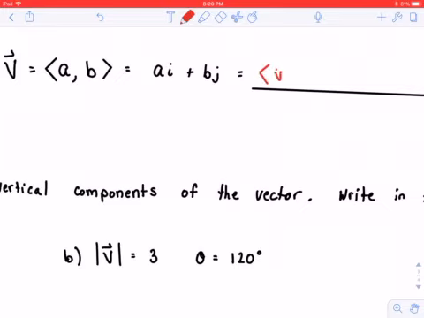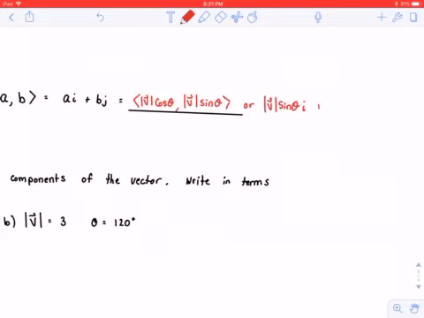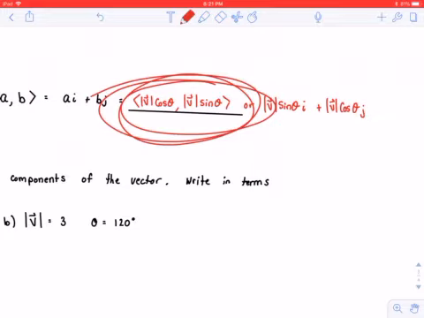Or you can write it as the magnitude V sine theta times I plus magnitude V cosine theta times J.